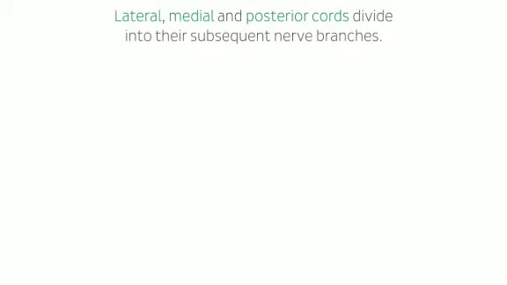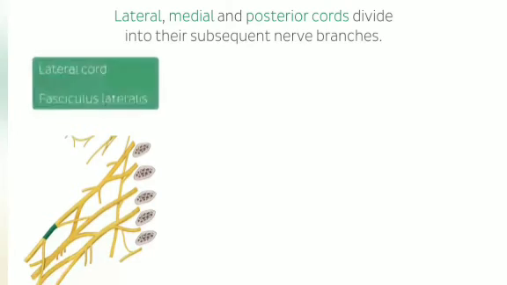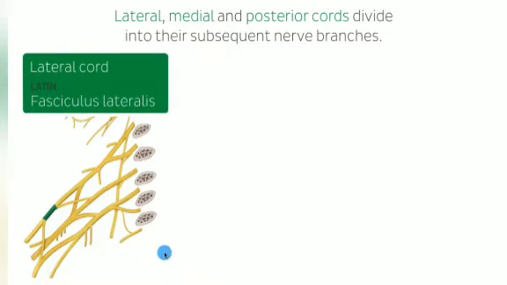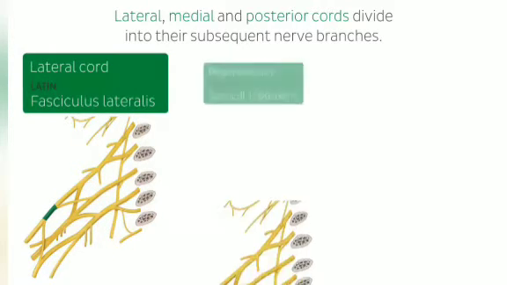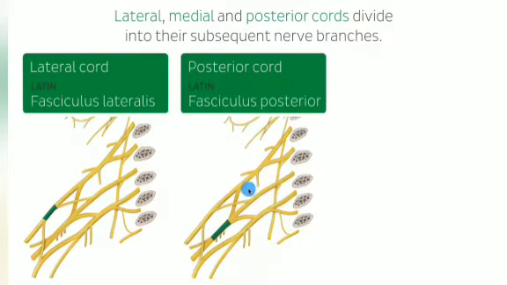So now let's look at the 3 cords individually. The first one, which we can see on the left, is the lateral cord. This cord is formed by the union of the 2 anterior divisions of the superior and middle trunks. In the middle, we have the posterior cord, which is formed by the union of all 3 posterior divisions.